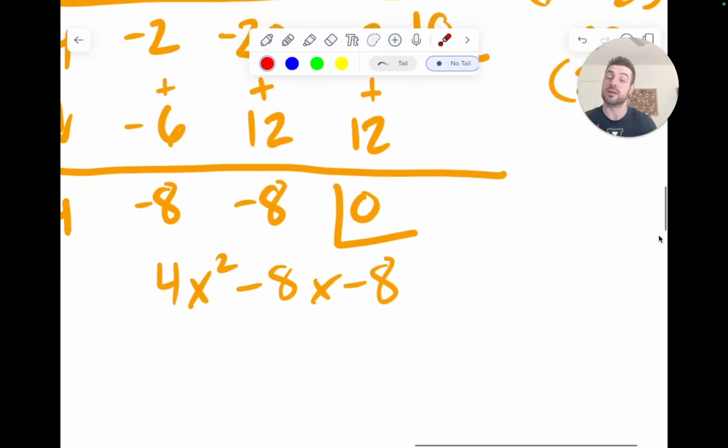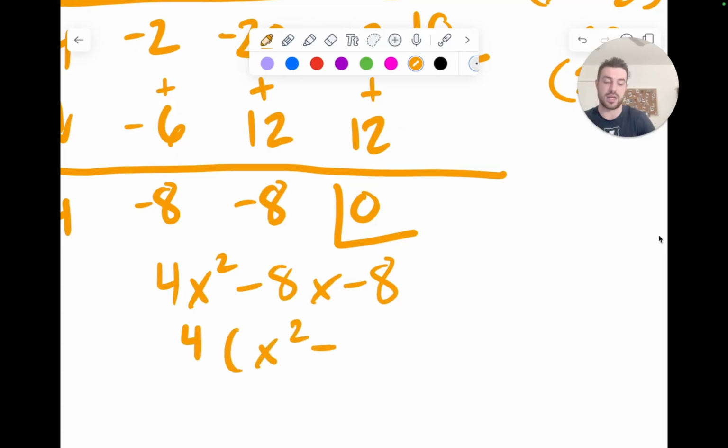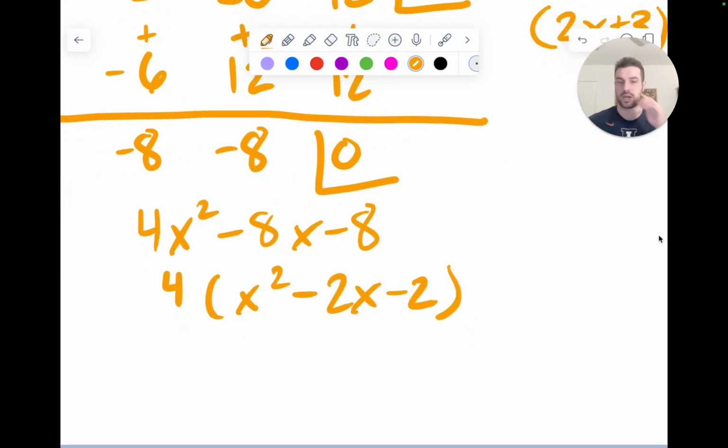What we have here is a quadratic, which we can typically solve or factor quadratics. So if I start to factor this, I divide out what they have in common, and I end up with this quadratic, x squared minus 2x minus 2. Unfortunately, that is not factorable.